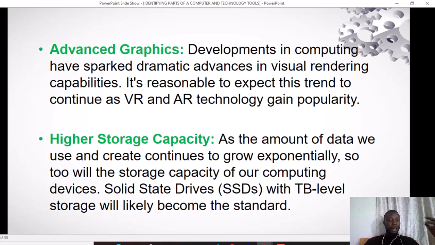As of right now, we see SSDs and terabyte storage as very advanced. But a time will come in the next generation of computing when this will be very standard, very normal, because of the kind of information and facts that they will process.